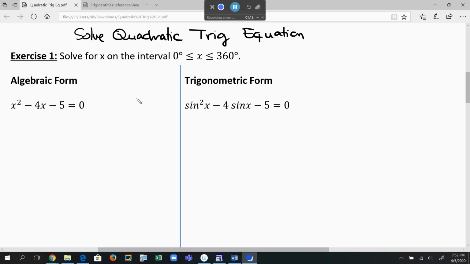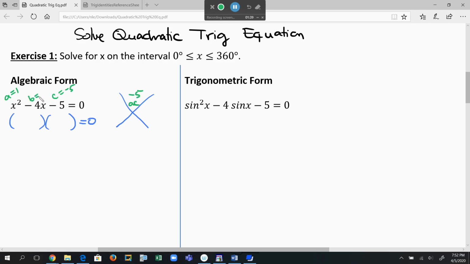Let's solve this normal quadratic equation first, by the factoring method. I'm going to factor this as a product of two factors. Our A is 1, our C is negative 5, so AC is negative 5.